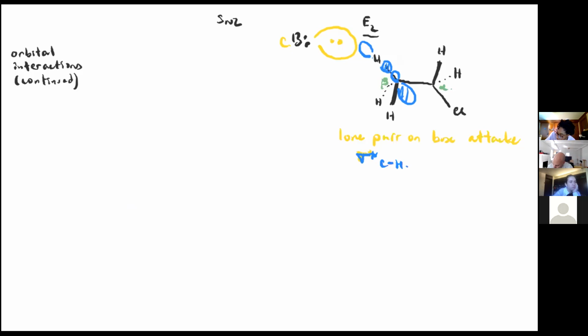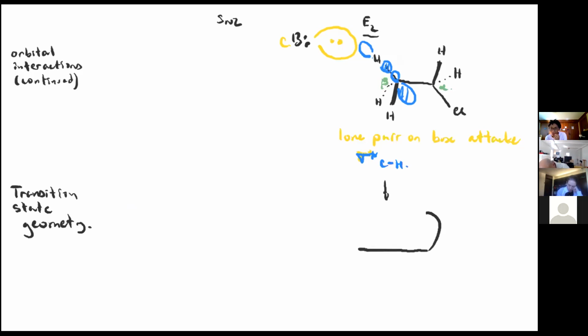All right. And so what do we say that the transition state looks like? Let me stick with E2 since we're on that topic. So for E2, the carbon is starting to planarize in the transition state.